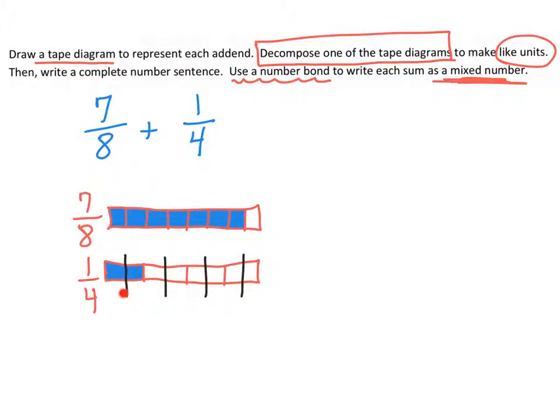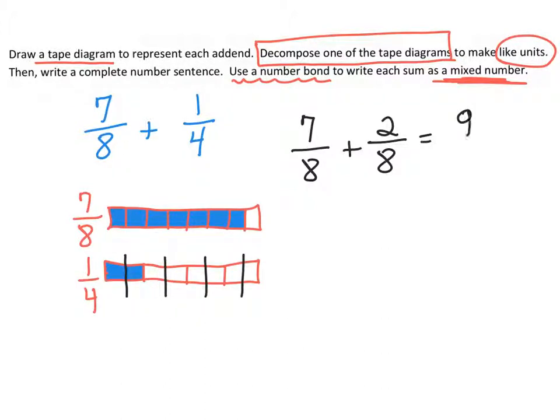We broke this into eighths, and since we broke up this 1, now it's into 2. So we have 1, 2. So now this is 2/8. So now we have 7/8 plus 2/8. And when we add these up, we got them into like units, common denominators.